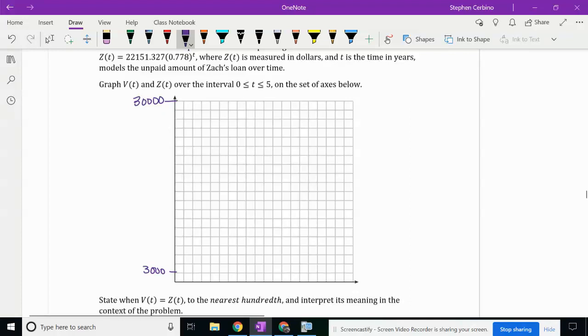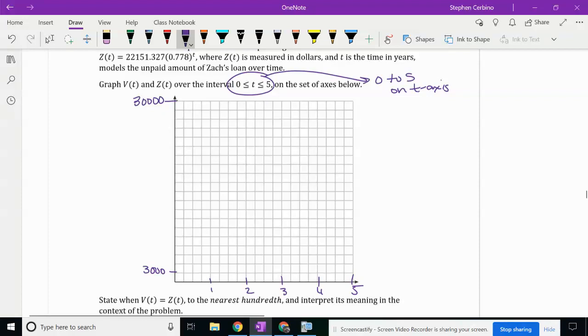Now the interval is telling us to only graph between 0 to 5 on the t-axis, or the x-axis in this case. So I have 20 boxes, so if I make each box worth 4, I can graph the interval from 0 to 5.